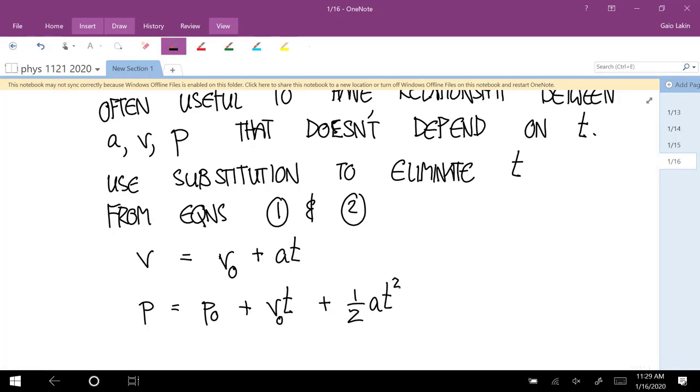And let's keep track of what are constants and what are functions, because I didn't write it explicitly with the function notation. What about V and P? Are those constants or functions? Those are functions of time.